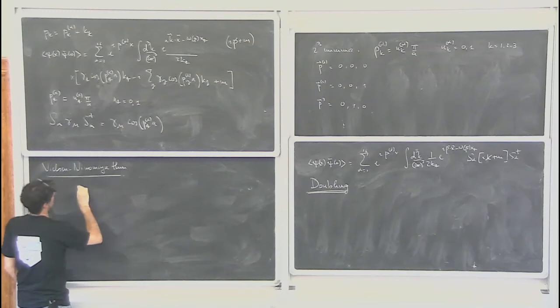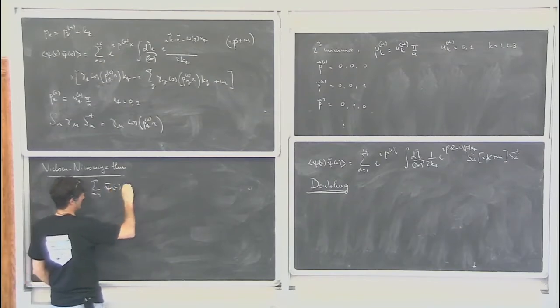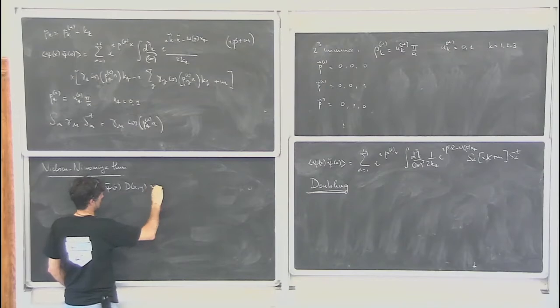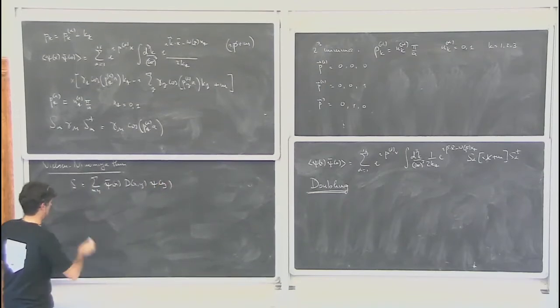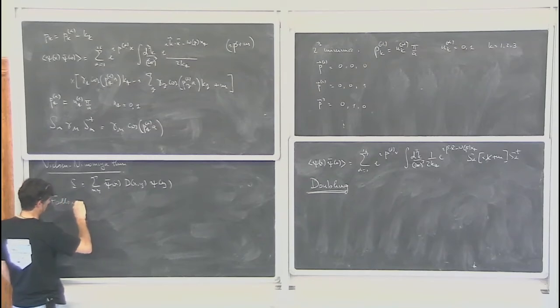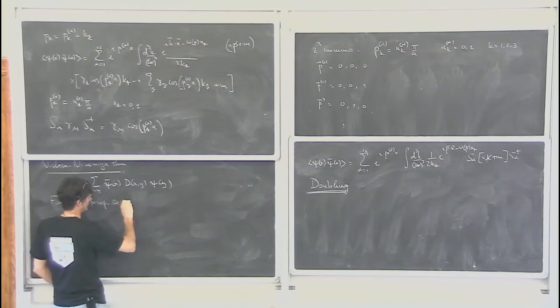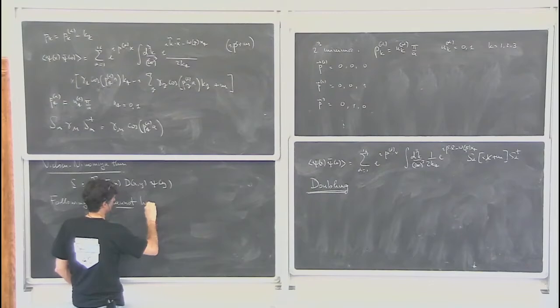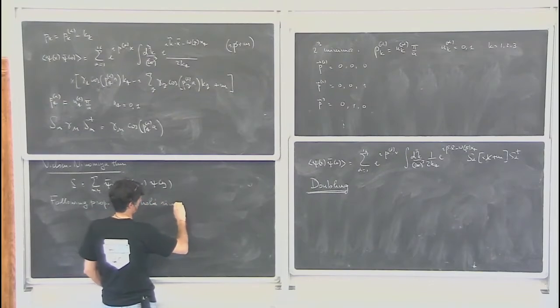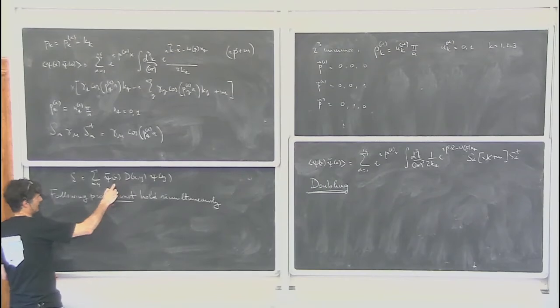So the Nielsen-Ninomiya theorem tells you that if you have an action that is quadratic in psi bar and psi, then the following properties cannot hold simultaneously. This is a lattice action, of course.